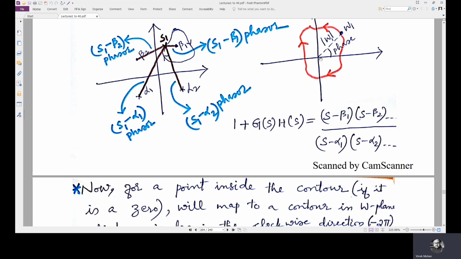So this is the magnitude of W, and this is the phase of the point in W. This is the point, and we are traversing through this particular contour when we move through this contour in the S plane. So here it is clockwise, here it is anti-clockwise, right? Here it is clockwise, and here also it is clockwise if it is a 0. And if the encirclement is clockwise in the S plane and it is in the opposite direction in the W plane, then it is a pole. The point inside the contour is a pole.